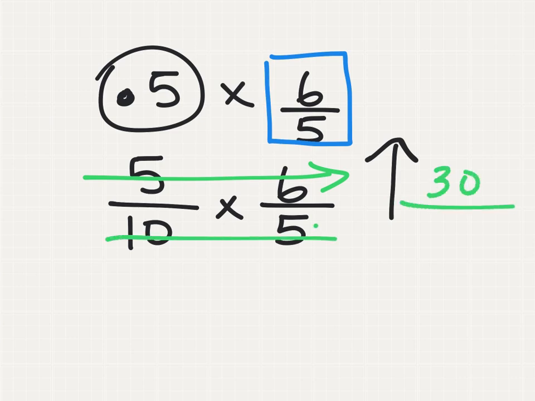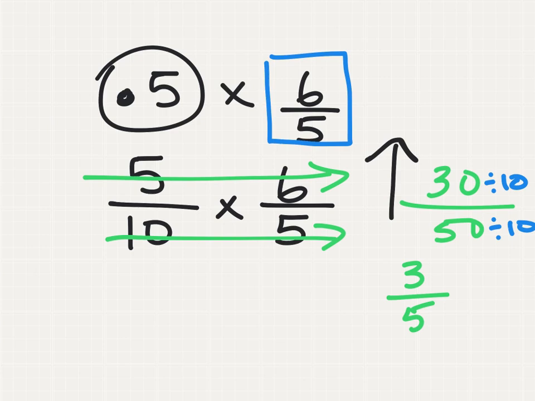Straight across the denominator, I get 50. I can simplify the numerator and denominator by a common factor of 10, which leaves me a simplified fraction of 3/5.